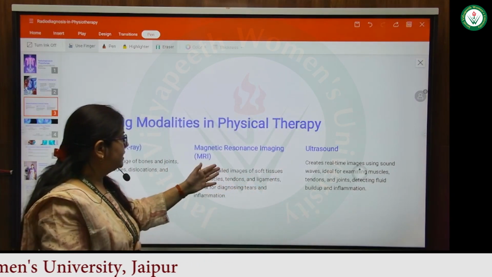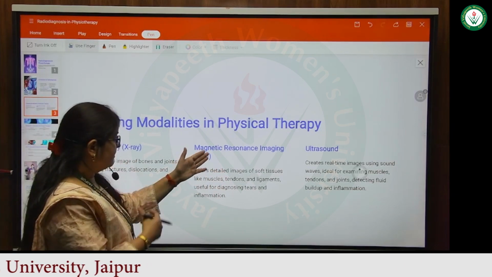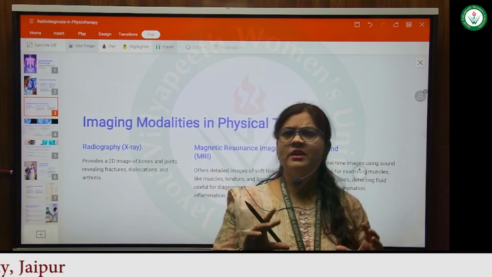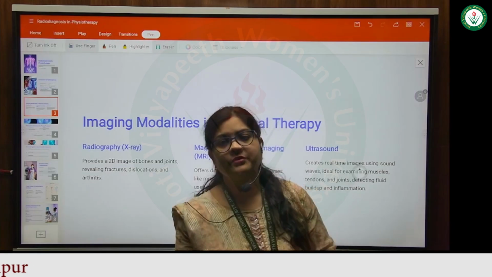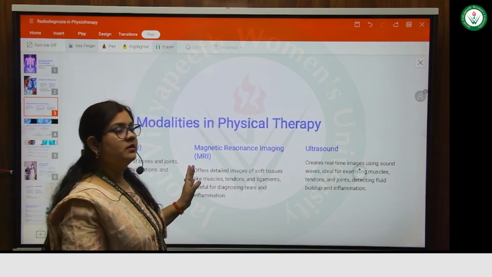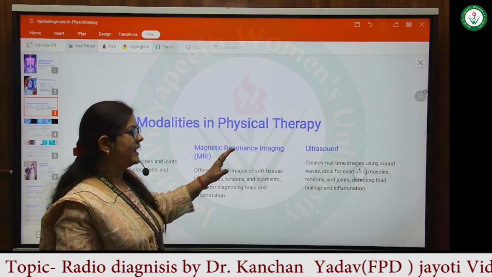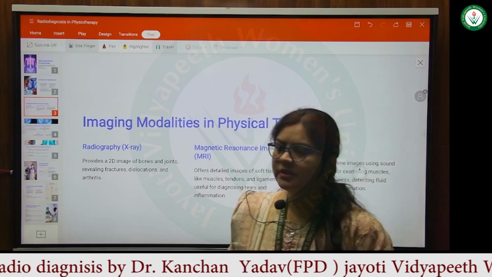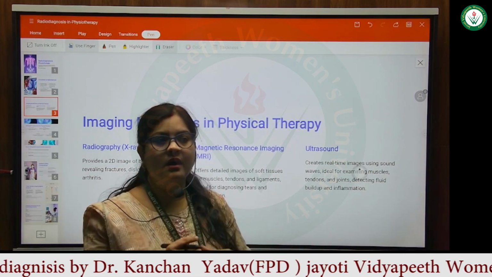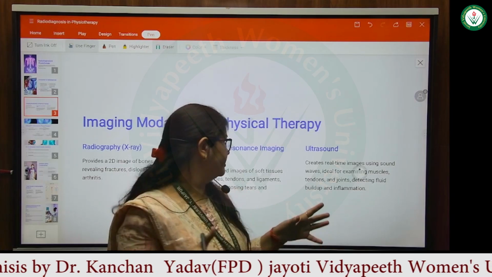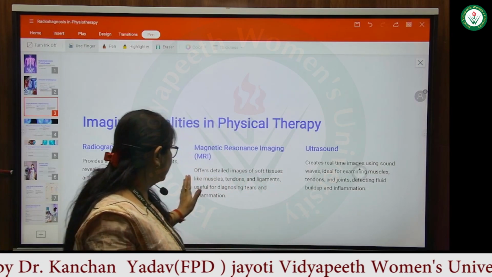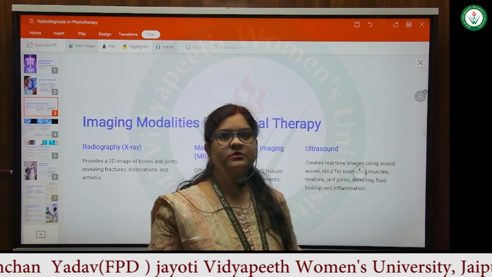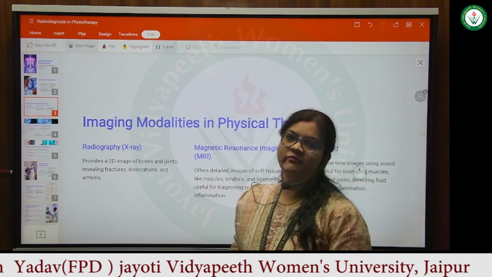The second radiographic imaging modality is magnetic resonance imaging, MRI, which offers a vast number of clear pictures of the soft tissues. Through MRI we are capable of visualizing a clear, defined image of soft tissues, like the muscles, tendons, and ligaments, and that is useful to diagnose any type of tear or inflammatory condition.